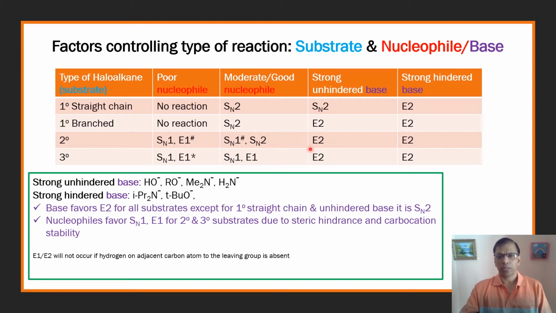Another point to remember about elimination reactions is that an elimination reaction will not occur if the beta carbon atom does not have any hydrogens on it. In the case of tertiary haloalkanes, E1 elimination will occur, and it can be a haloalkane or alkyl sulfonate, but the solvent needs to be non-nucleophilic.